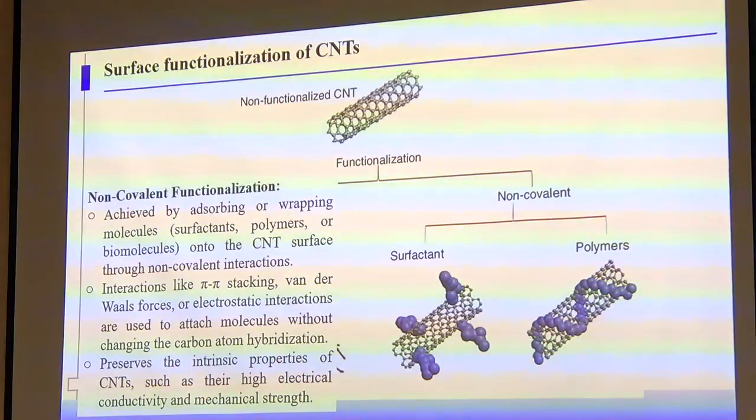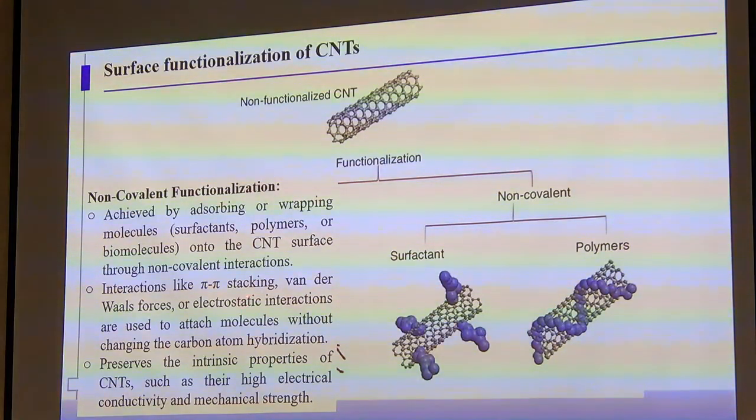In the case of non-covalent functionalization, you don't destroy the intrinsic property of the carbon nanotube, but you wrap it with another molecule. So there is no disturbance on sp2 bonding. And here you create a pi-pi stacking or van der Waals forces or electrostatic interaction to attach that molecule.